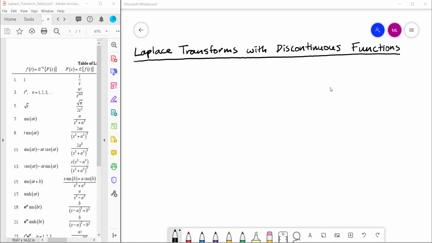We're going to be concerned with basically two different functions. The first one is called the Heaviside function. So we'll encounter two discontinuous functions that we care about.